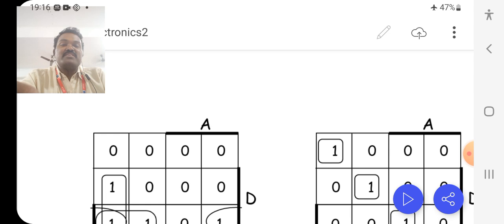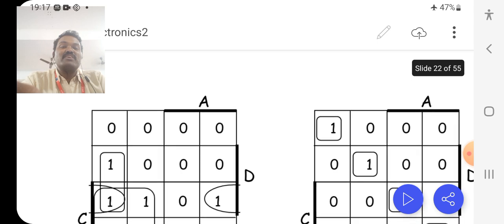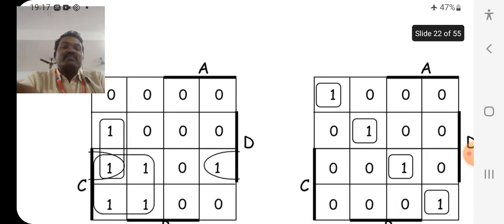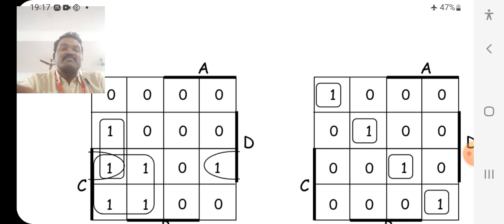That is min-term 0. Min-term 0 and min-term 1 are adjacent cells. Then min-term 1 and min-term 2 are adjacent cells. Min-term 2 and min-term 3 are adjacent cells.